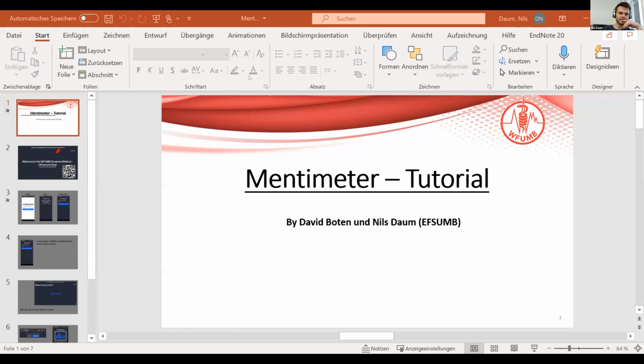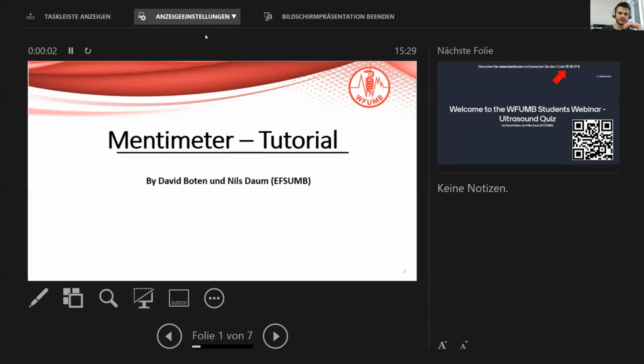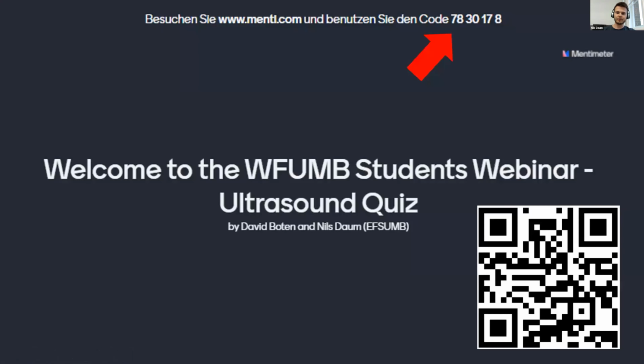Okay, one moment. Okay, I think you should see it here. Perfect. So welcome to our small tutorial for the EFSUMB Mentimeter. So how you can participate with us, you have some different ways.